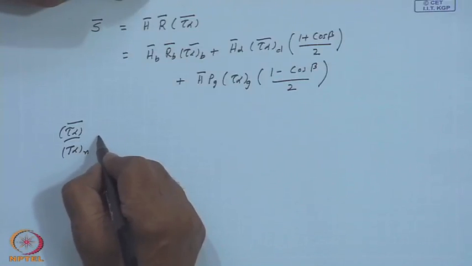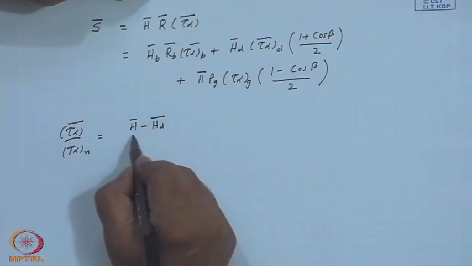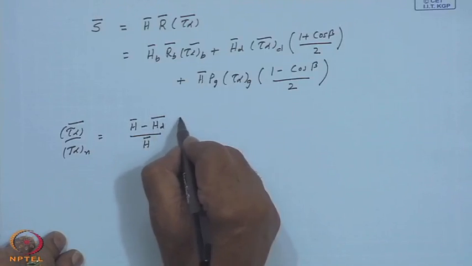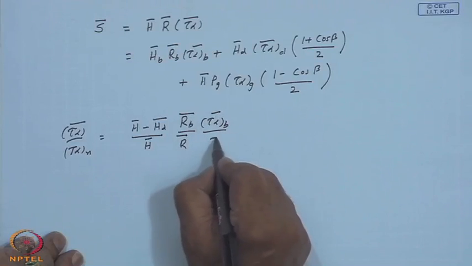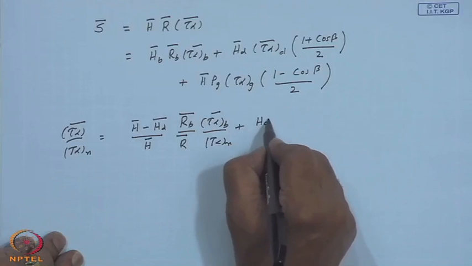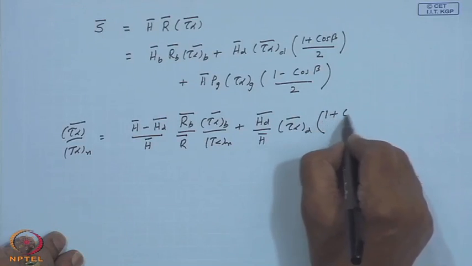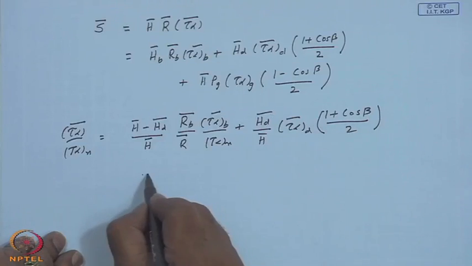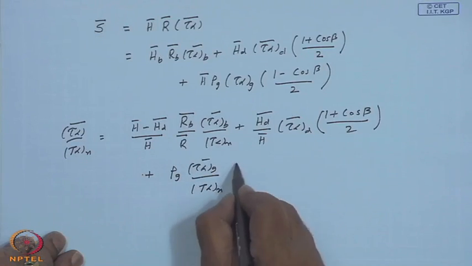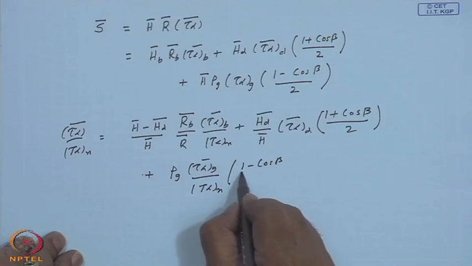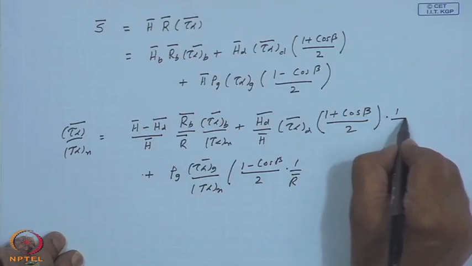So, I can divide throughout with this, that should be equal to, if I write H b bar as H bar minus H d bar by H bar times R b bar upon R bar times tau alpha bar b by tau alpha n plus H d bar upon H bar times tau alpha bar d 1 plus cos beta by 2 plus rho g tau alpha bar g by tau alpha n into 1 minus cos beta by 2 times 1 upon R bar, here also 1 upon R bar.